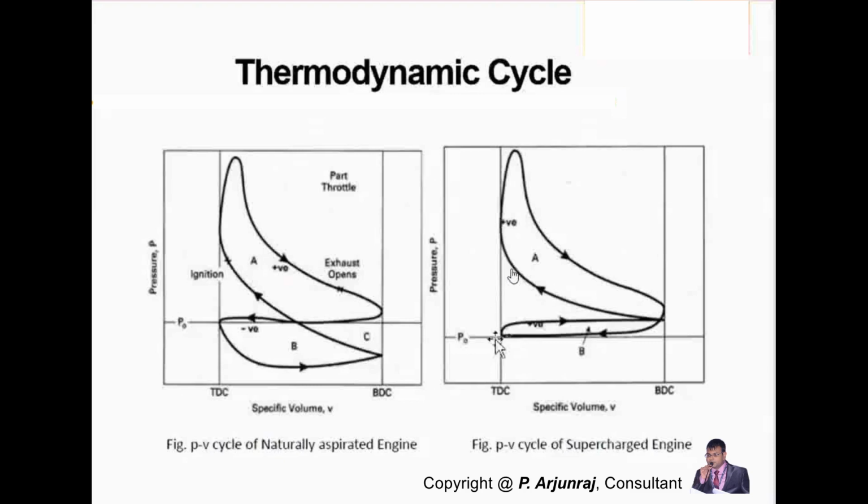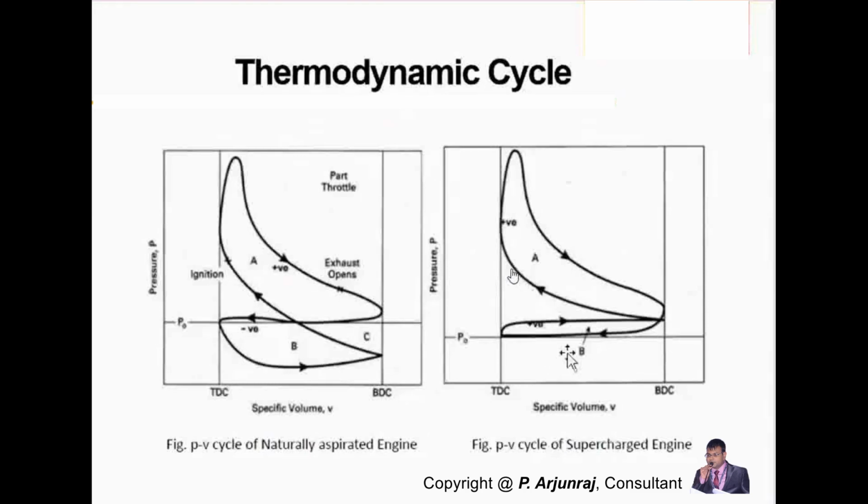You can see the pressure at which the air enters is getting increased, whereas in the case of the normal naturally aspirated engine, it is coming in a negative direction. You see here the atmospheric pressure, and the air coming with higher force, with higher pressure. This is the difference you can find.